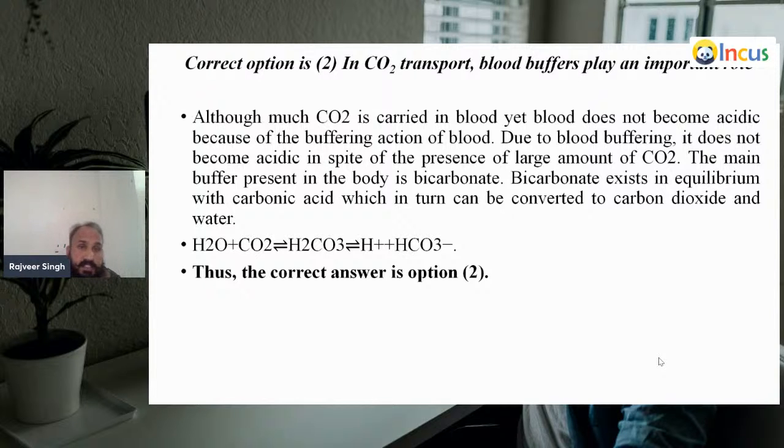The main buffer present in the body is bicarbonate. Bicarbonate exists in equilibrium with carbonic acid, which in turn can be converted to carbon dioxide and water. So here you can see when we use the reactants H2O and CO2, then with carbonic anhydrase they separate into H plus and HCO3 minus. So our second option is right.